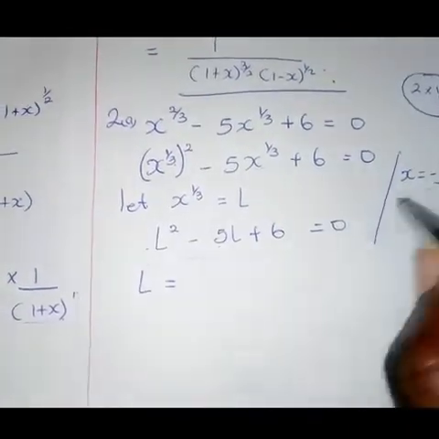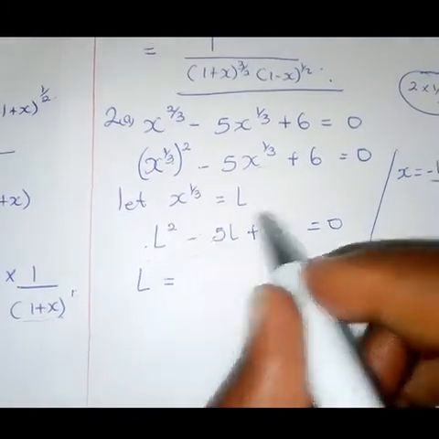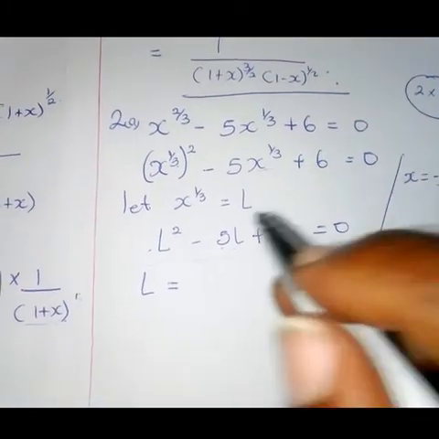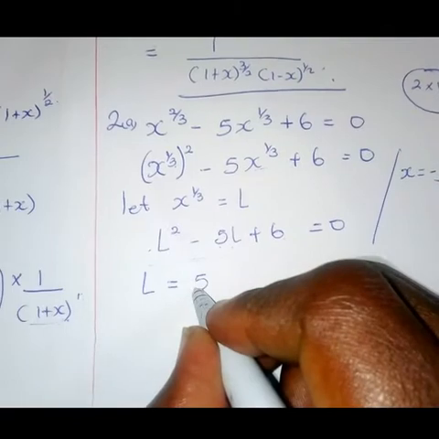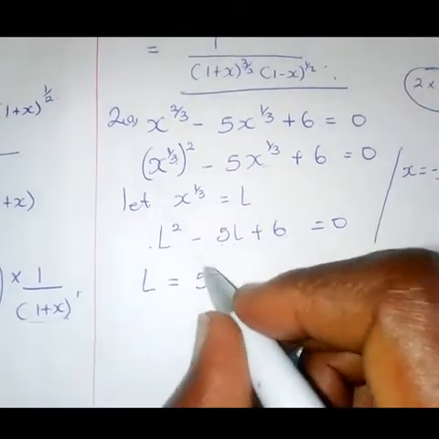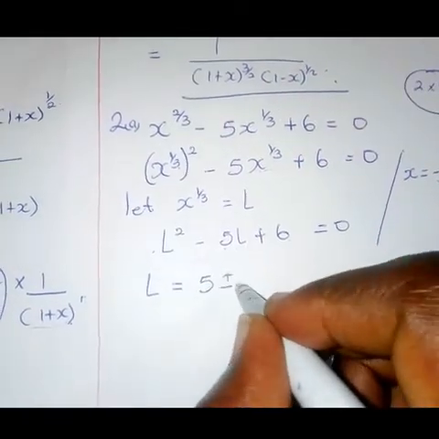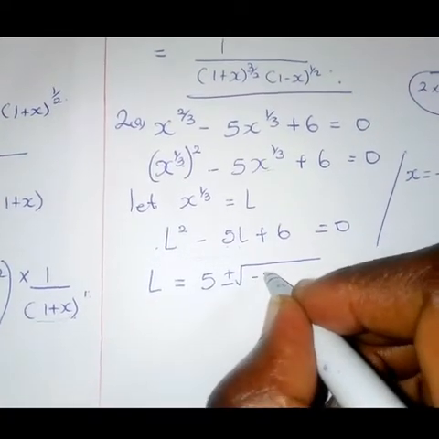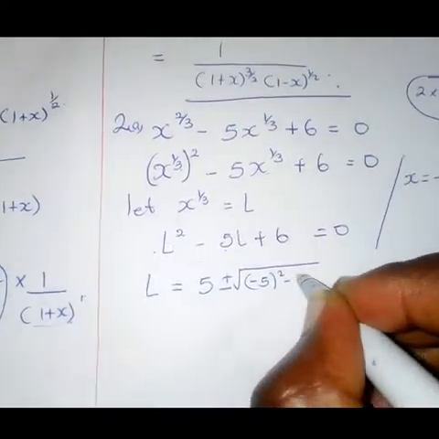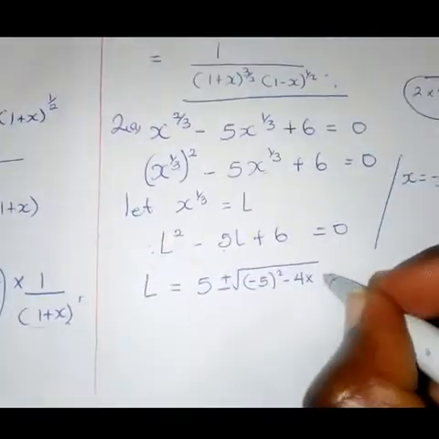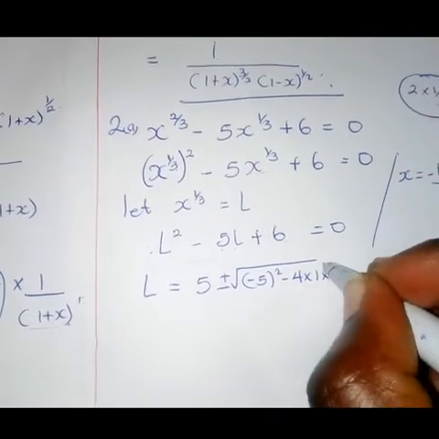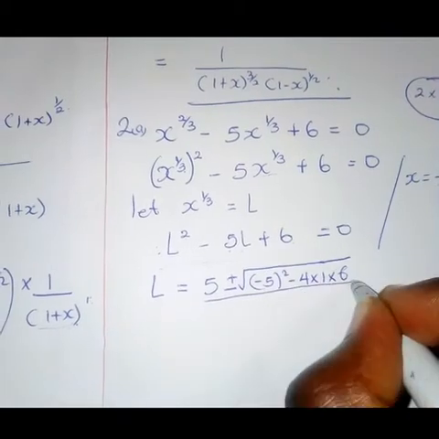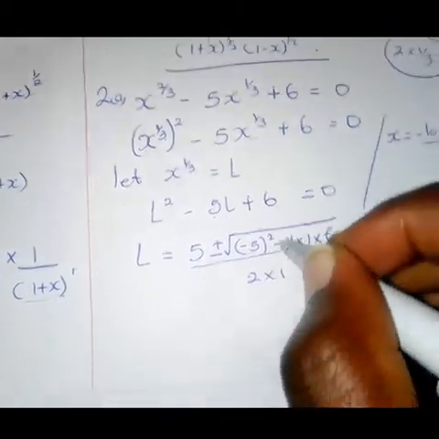So I'll substitute. You realize that b is actually negative, and where we are going to put it, there is a negative. So I'll write it as a positive 5 because of the minus and the minus. Plus or minus square root of b squared. Remember, b is minus 5, so it is squared. Minus 4, a is 1, c is 6. Then everything is divided by 2 times 1.